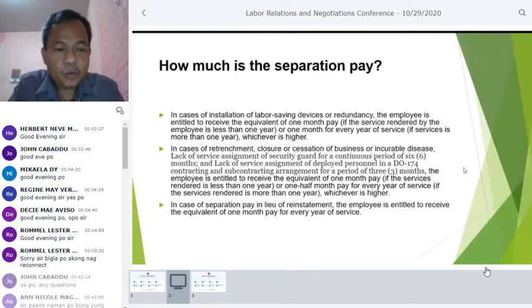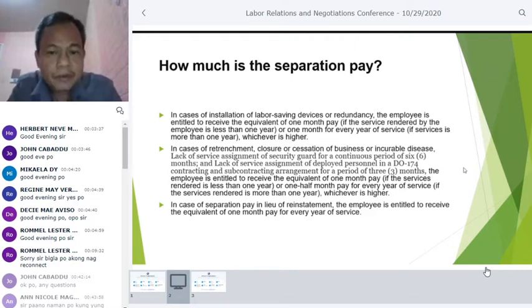Pero ang sabi ni Duterte, this should stop. Therefore, doon sa bagong DOLE circular na lumabas, maliwanag dito na kung si security guard sa loob ng 6 na buwan ay wala siyang service assignment, kailangan nang bigyan siya ng separation pay for him to find another work or another job.